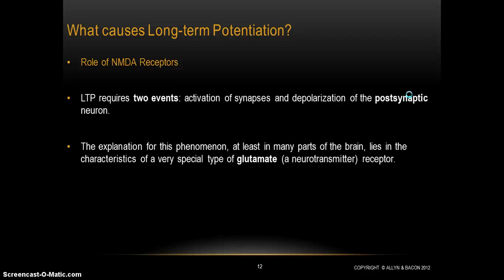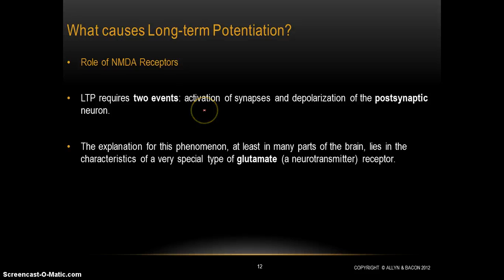So we've said already that really two things have to happen in order to see long-term potentiation, the strengthening of the synapse between two neurons. What are those two events?